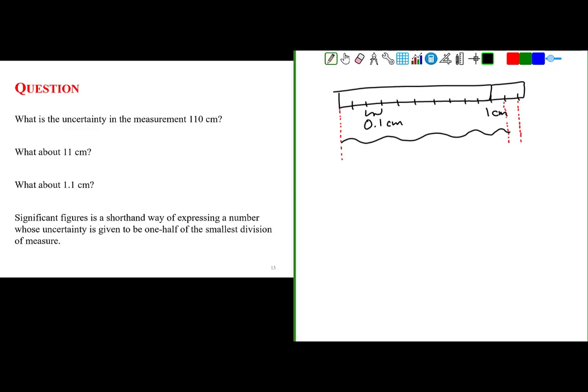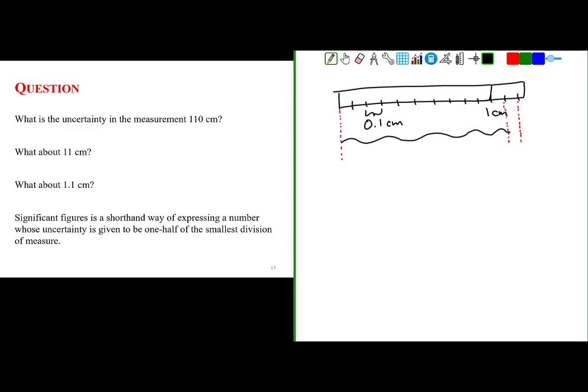However, I kind of just roughed drawing those dotted lines down. It could be that the line is a little bit less than 1.1 centimeters because I wasn't particularly precise in how I drew my dotted lines to measure the length.